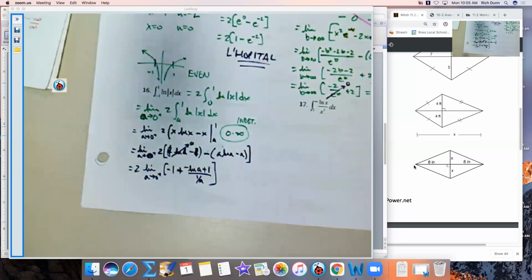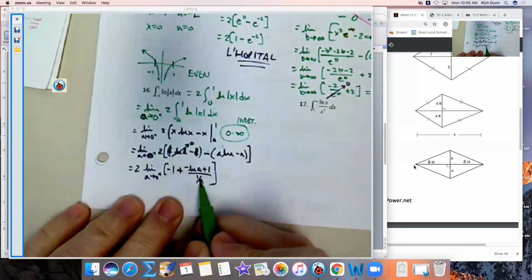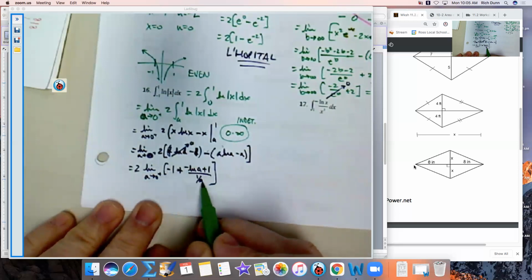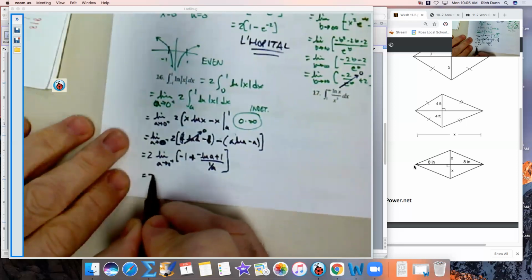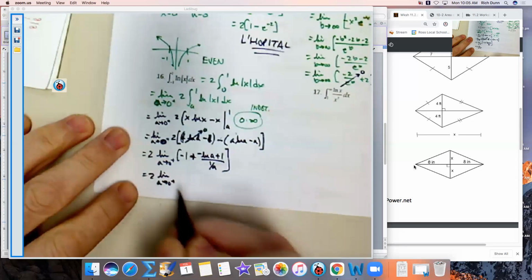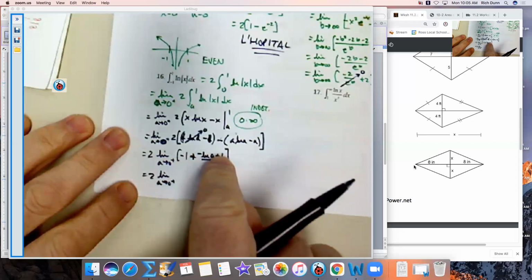Okay. Now, when we evaluate this one, you can see this is an infinity divided by infinity. When a goes to 0, this will be infinity. When a goes to 0, the 1 over a will be infinity. So now I can use L'Hopital on that. So this will give me the 2 still out in front, the limit as a goes to 0 from the right of, I'm just doing L'Hopital on this guy.